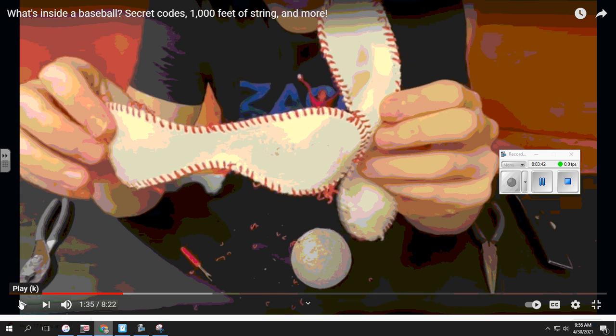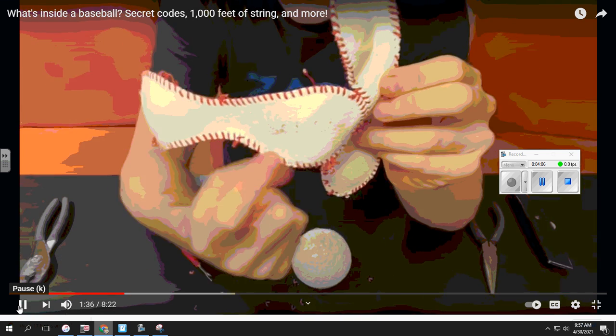Pretty crazy. And the way I remember it, if you're a baseball fan, this is what a baseball looks like when you take it apart. This could be a circle, this could be a circle, this part on top could be a circle, and this part on bottom could be a circle. So the surface area is 4 times the area of a circle.